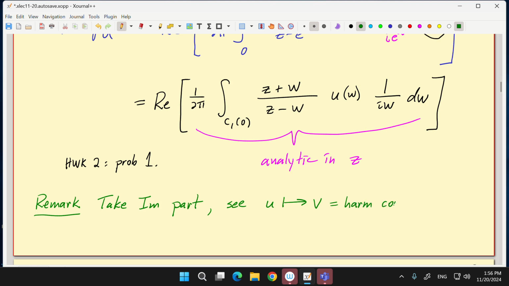And we have an integral transform that spits out a harmonic conjugate from the u. So I'm integrating with respect to u, and it spits me out a v. That turns out to be a fascinating operator.